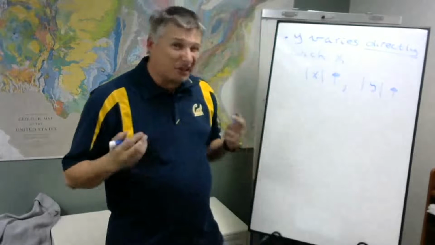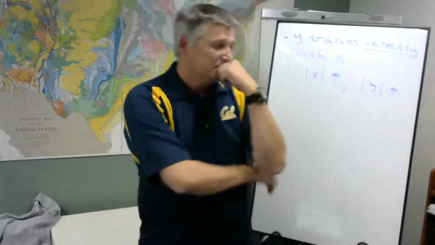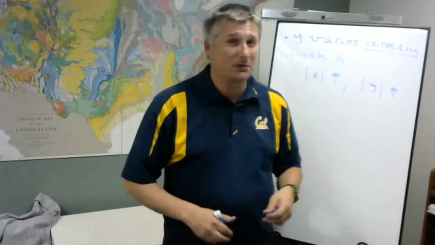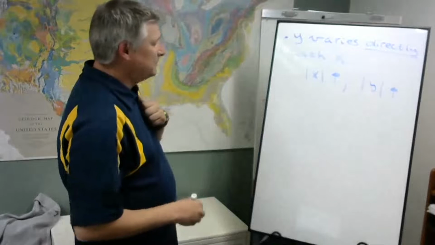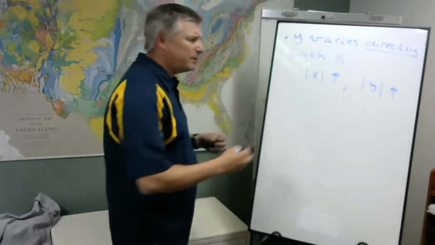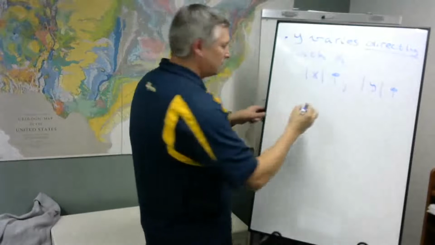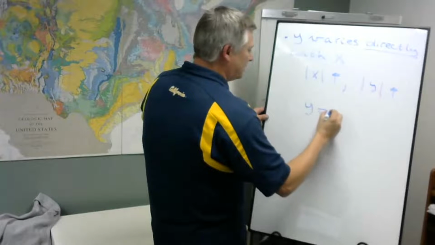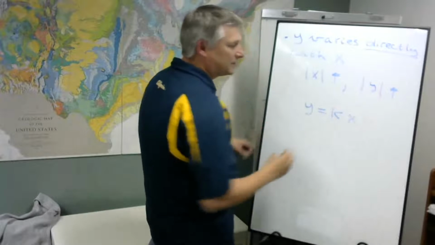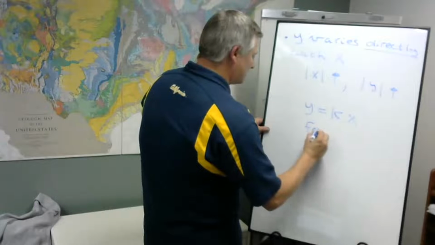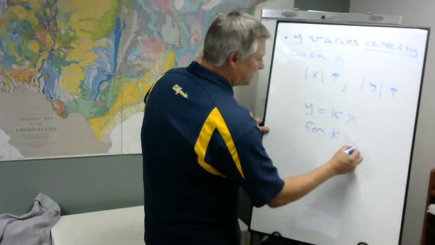And it increases linearly, like a line. Likewise, if this decreases, this will also decrease. So when we say y varies directly with x, we're saying that y equals some constant k times x, for k greater than 0.